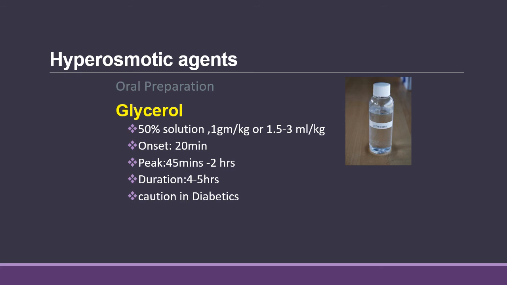Onset is at 20 minutes, peak at 45 minutes to 2 hours and duration is 4 to 5 hours. It should be used cautiously in diabetics because it increases the blood sugar level. Another oral preparation is isosorbide. It comes in 45% solution. Dose is 1.5 to 4 ml per kg.